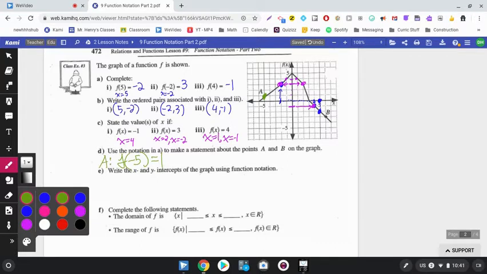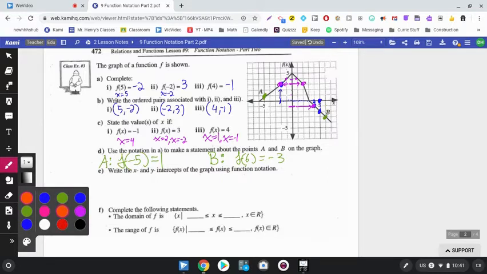Okay, that's for point A. When you input -5, you get an output of 1. For B, it's on the other side, that's an input of 6, so f of 6 gives me an output of 1, 2, 3 downward, so -3. Fantastic. Okay, so I can talk about all of these points using ordered pairs, using function notation, using the x and y values, all sorts of things.